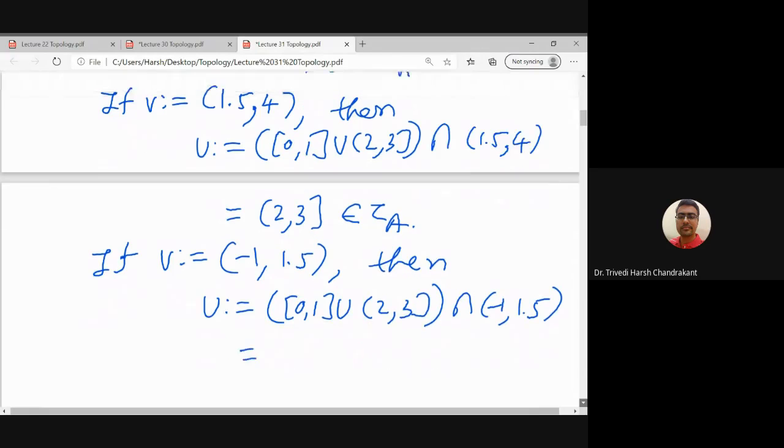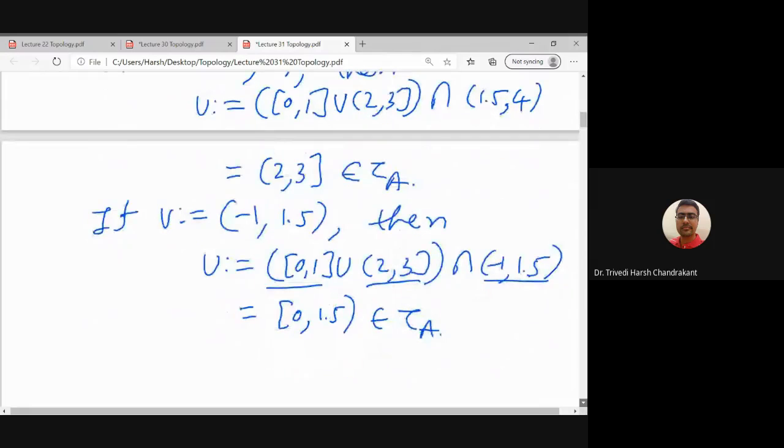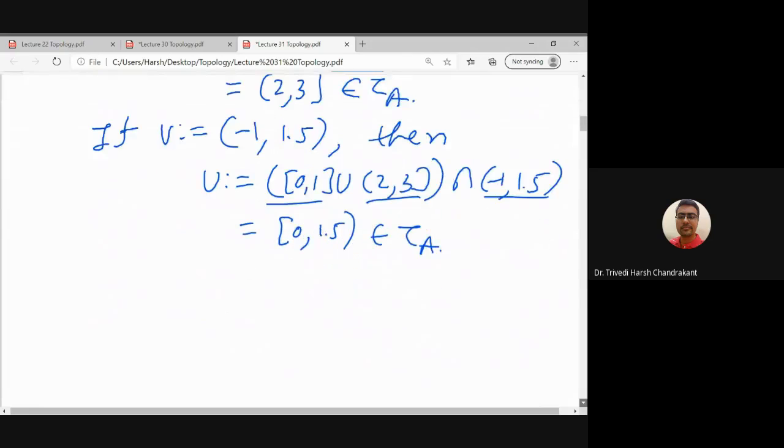This will not intersect with 2 3, only 0 1 will intersect. So the intersection is 0 to 1.5. So this kind of set is also open in the subspace topology. And in the same way we can intersect 2 3 with this type of open interval, and we'll get some more examples of tau A, right? So this way we can discuss the subspace topology, which we have already discussed.